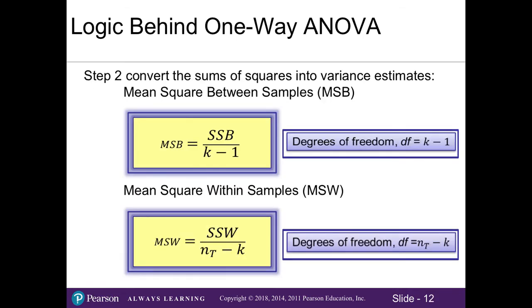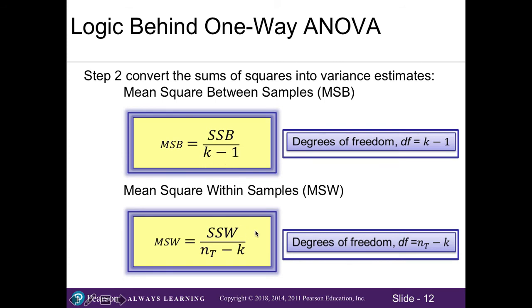In step 2, we will convert the sum of squares into variance estimates. To do this, we'll take our sum of squares between and divide it by the degrees of freedom. So again, sum of squares between, this is where we're looking at our groups. So that's why we'll divide it by the degrees of freedom as it relates to our groups, k minus 1.